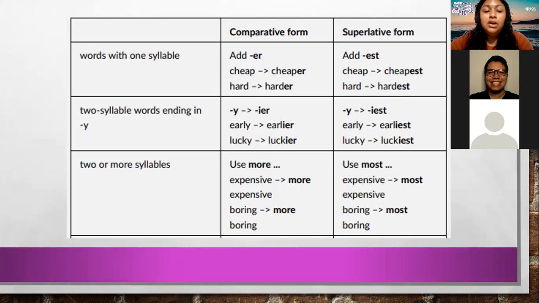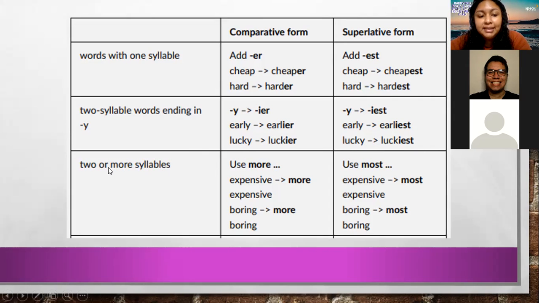Exactly. Very good. So we have two syllables ending in y: early, and it ends in y; lucky, and it ends in y. So we add -ier and get rid of the y. And for the superlative, if I want to focus on one among many, then I say the earliest and the luckiest.